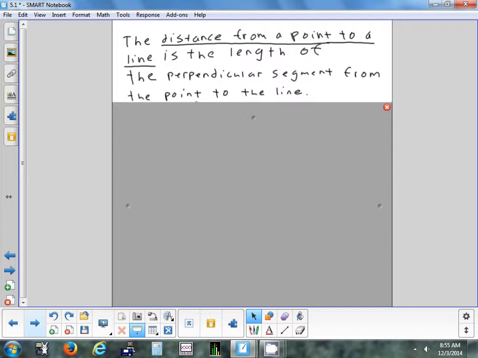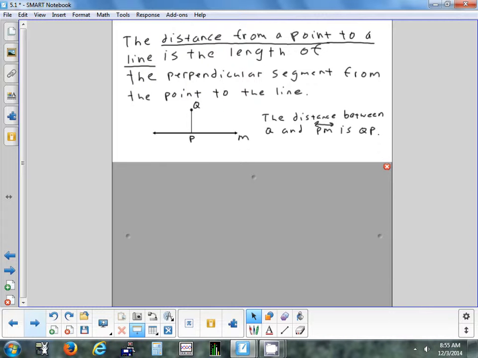Yeah, perpendicular. So when you measure the distance to something, you measure it straight, but you also have to measure it perpendicular. Like if I'm going to measure my distance to the front board, I don't measure it towards the calendar. I measure it perpendicular to what I'm trying to measure.